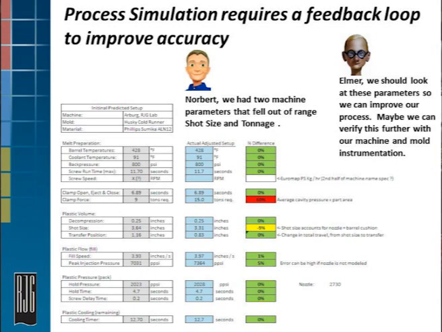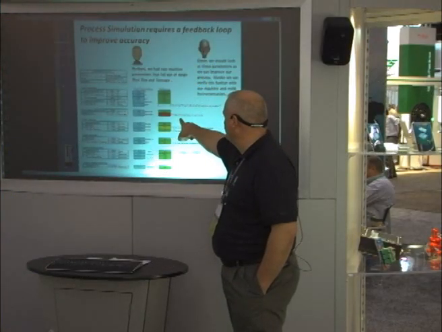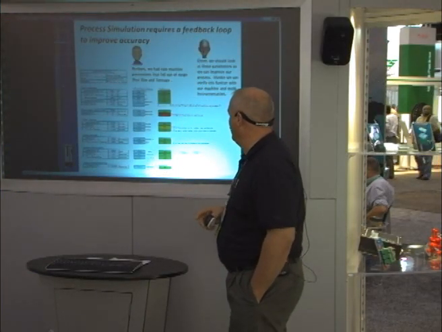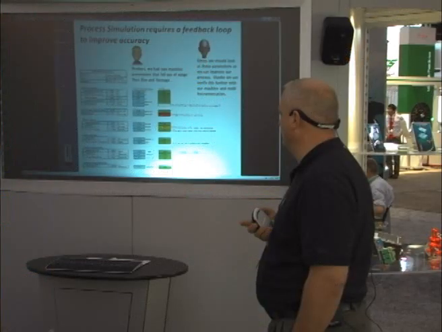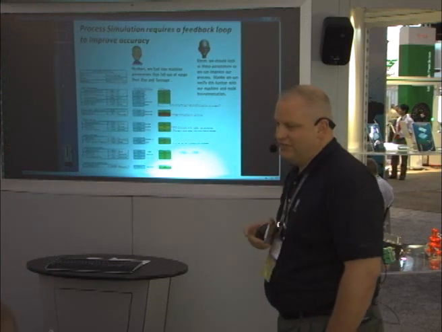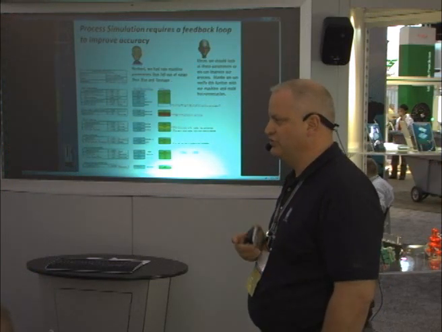From looking at this, you can see that these things that fell out, such as clamp force, which they missed the average cavity pressure in the part area, and the second thing, which is shot size, which was missed because of the nozzle or the barrel calculation, could be somewhat critical to the overall process. He feeds that information back to the person doing the simulation.